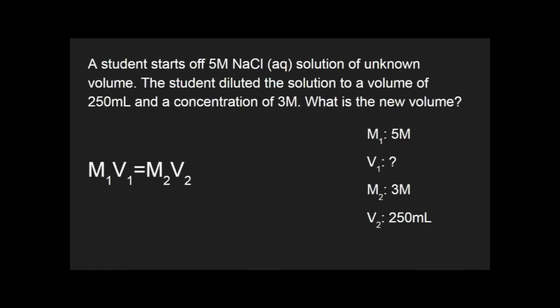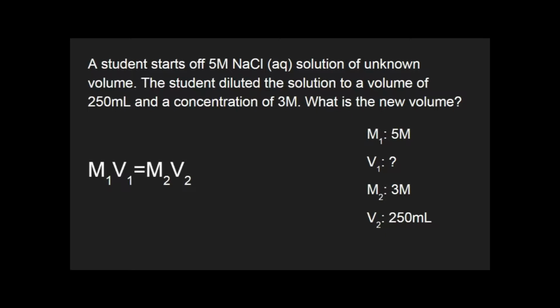Moving on to another question, now let's try solving for the initial volume. A student starts off with a 5 molar NaCl aqueous solution of unknown volume. The student diluted the solution to a volume of 250 milliliters and a concentration of 3 molar. What is the initial volume? As always, I'm going to write my equation, M1V1 equals M2V2, and then write my givens.